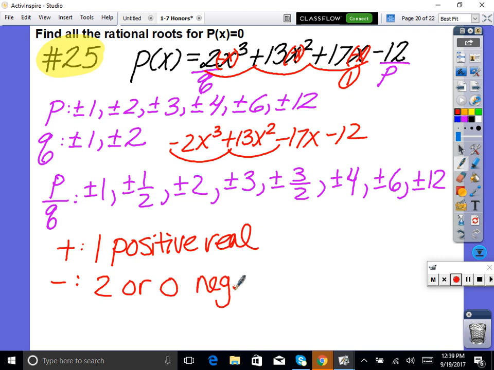So there's 2 or 0 negative. So now, I would never be this mean, but let's pretend on the test I said, okay, no calculator for this one, so I would test positives first. Agreed? Yeah. But that's enough where I'm going to say, go ahead and use your calculator. Which ones possibly should we test first? Graph it and see where it looks like it's crossing, so that we know which one we should maybe test first.